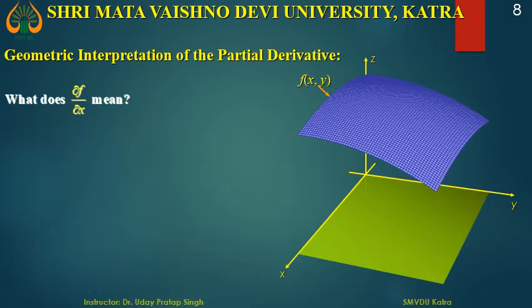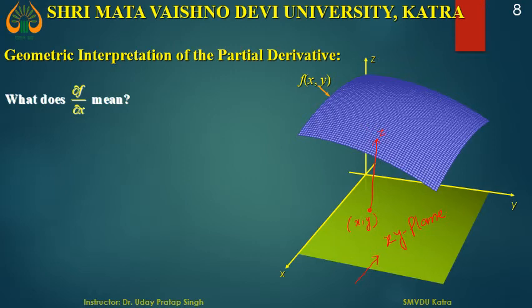what is the surface. This green part represents the xy plane. And in the first lecture, we already discussed that for any ordered pair xy, there is one value of z. Corresponding to this xy, we find z.